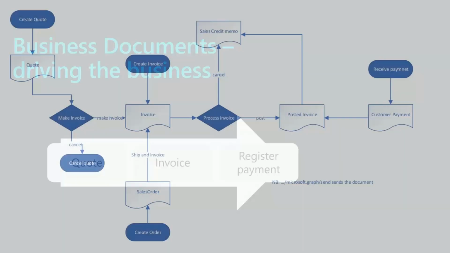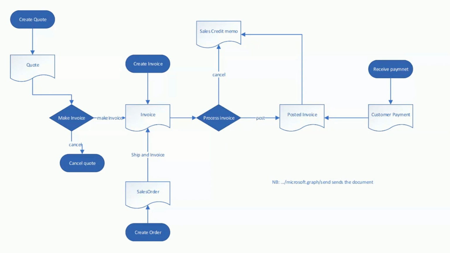So one of the key things is obviously the lead to cash process, like driving the business, getting the money. The things we support with the APIs already, and with the bound actions coming up very shortly, is like creating a quote, taking that quote, either canceling it or making an invoice out of the quote.